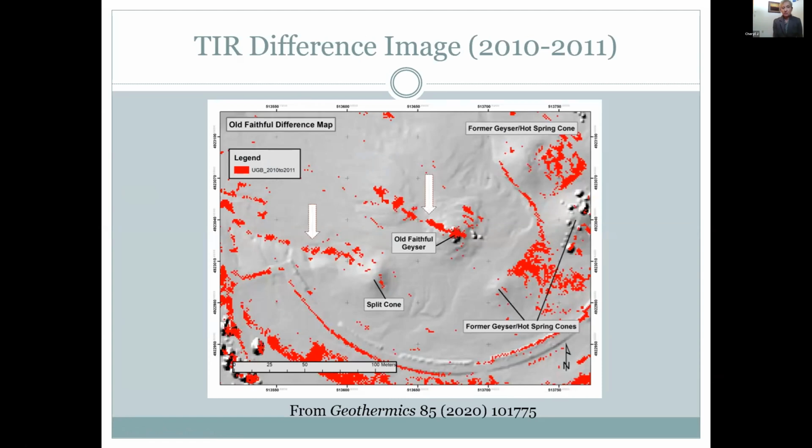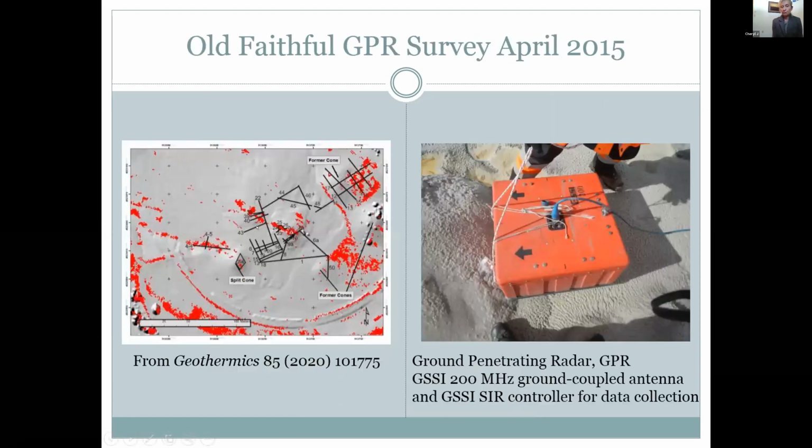So here you can highlight the change between 2010 and 2011 in the Old Faithful area. And what it highlights are those two trends. You see them in red, with a west-northwest trend from Split Cone and a northwest trend from Old Faithful Geyser and its vent.